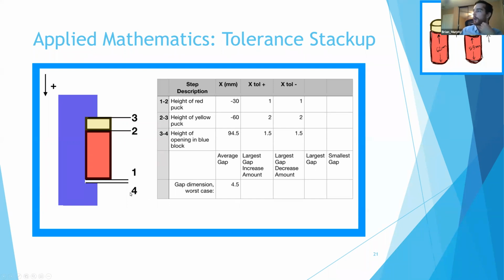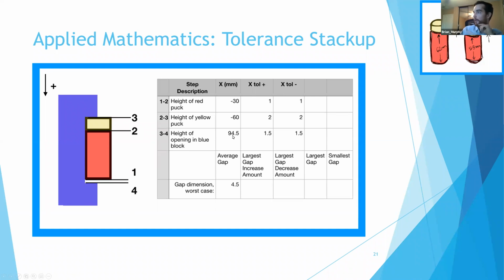So now let's take a look at what is going to be the largest gap that we might see. The largest gap that we would see takes into account the tolerances. So we would take a look at the smallest version of these little pucks and the largest version of the opening.